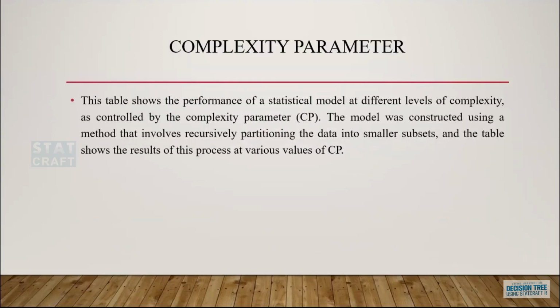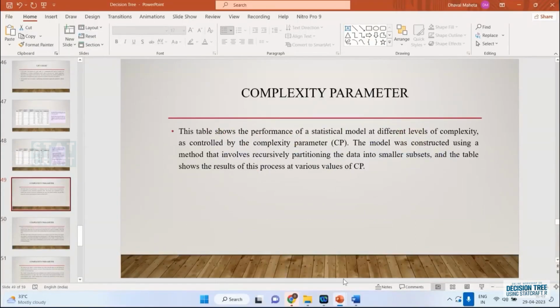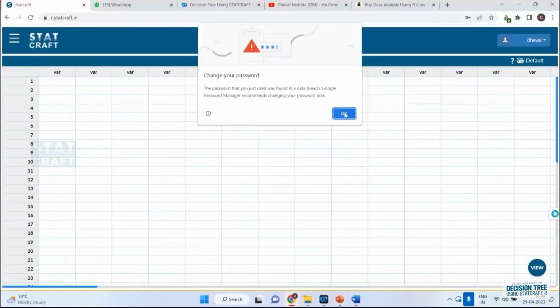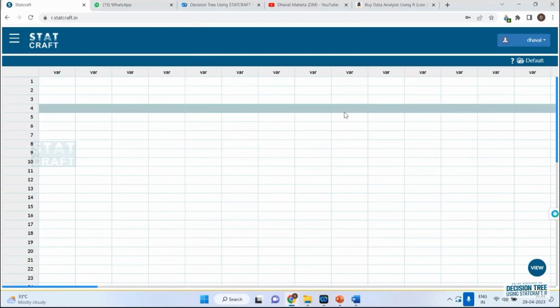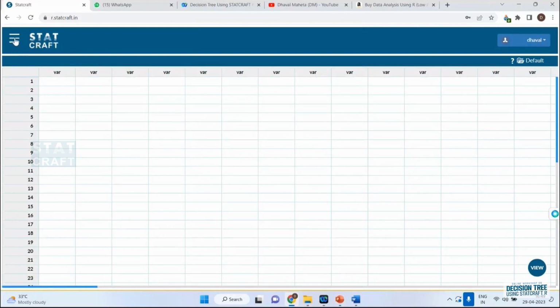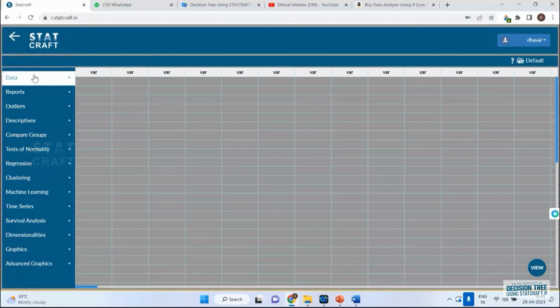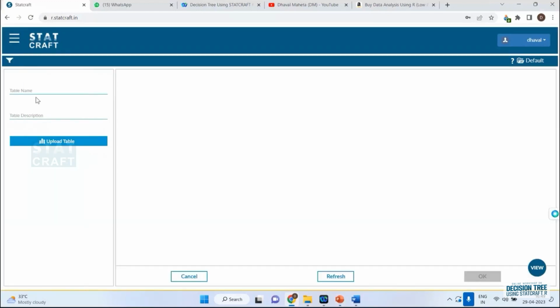With this understanding, let's try to run a decision tree in STATCRAFT. In STATCRAFT, I'll go here and import the data.